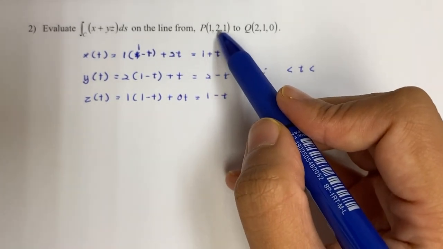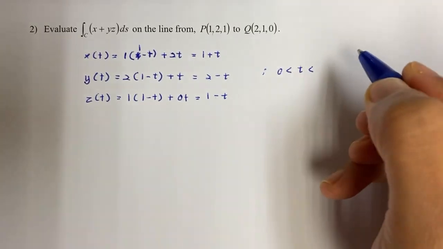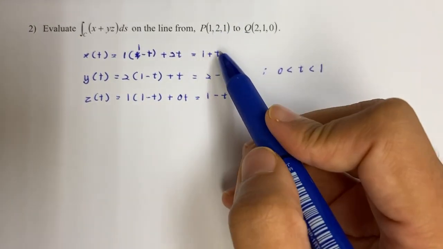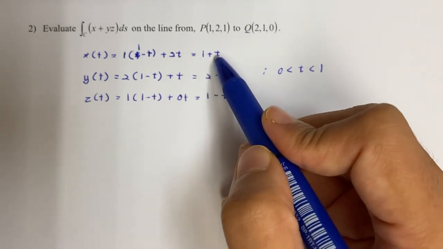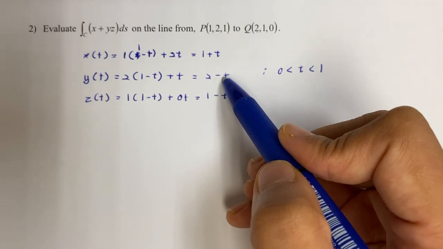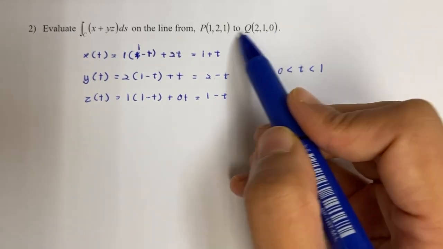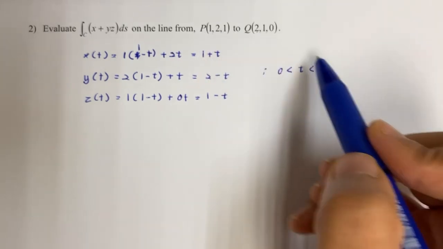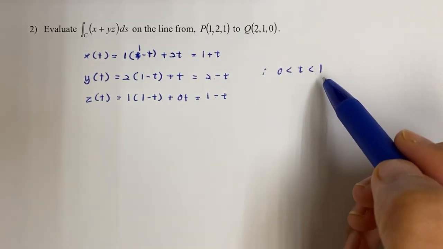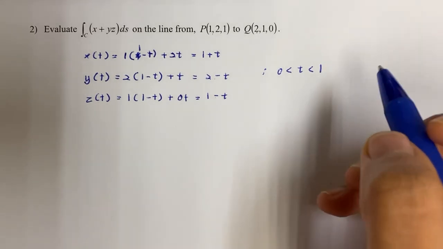I got the point P. And then, if I substitute t equal to 1, for x I got 2, for y I got 1, and for z I have 0. So I have my P and Q points when I substitute 0 and 1. So the range for t is 0 to 1.